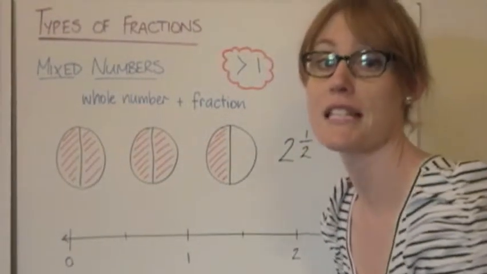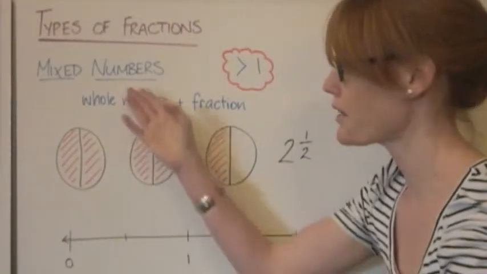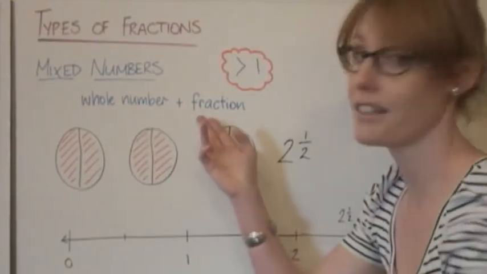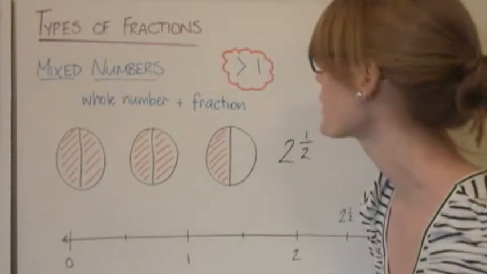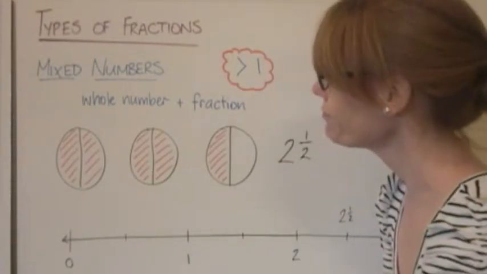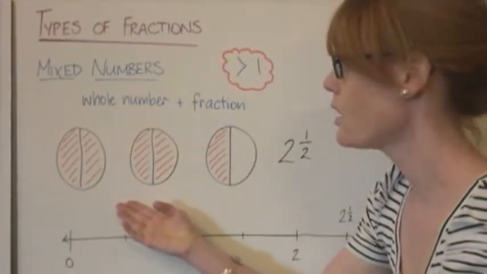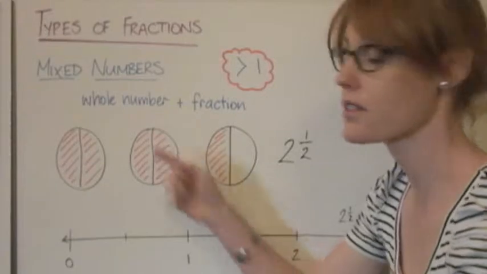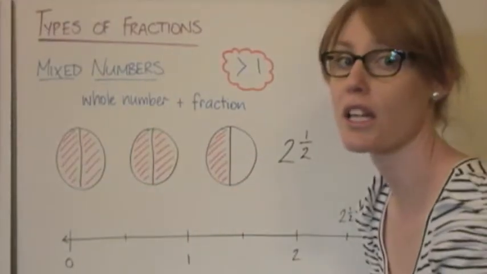Another type of fraction is a mixed number, and there are 2 parts to mixed numbers. Mixed numbers contain a whole number and a fraction together. Mixed numbers will always be greater than 1. In this example, we have 1, 2 wholes, and 1/2 shaded in.